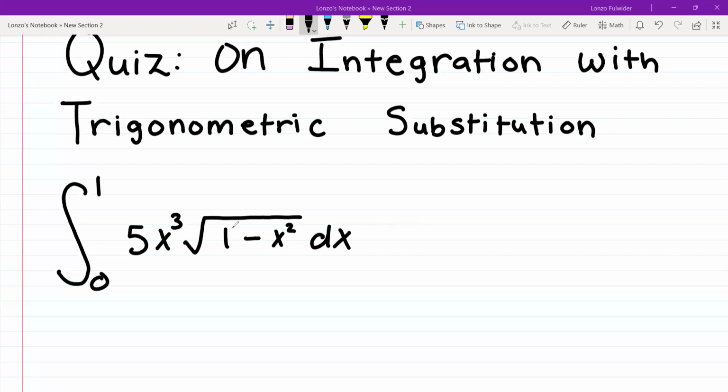The square root of 1 minus x squared is very similar to a constant squared minus x squared. So our a value is 1, because what number squared gives you 1? 1, right?